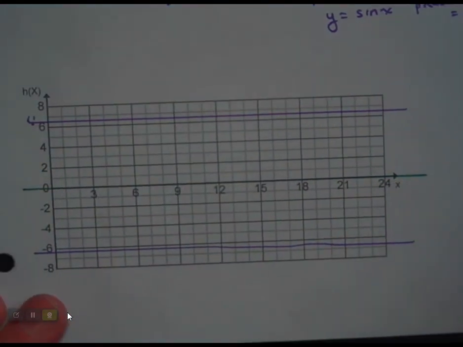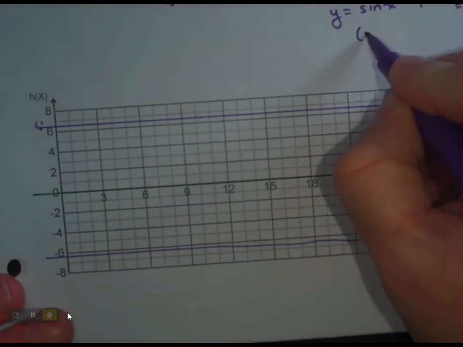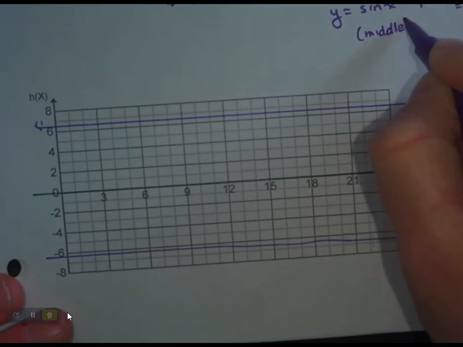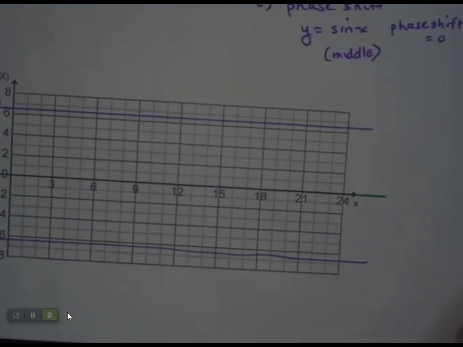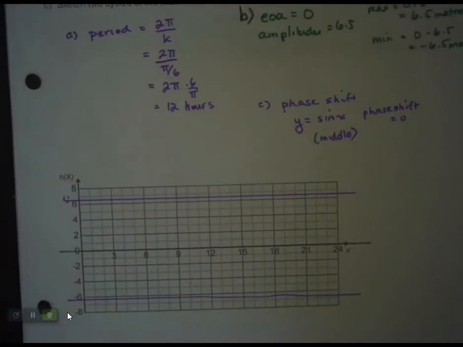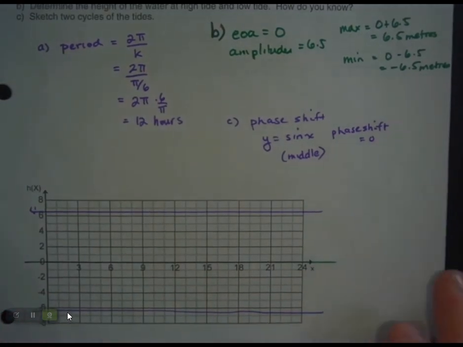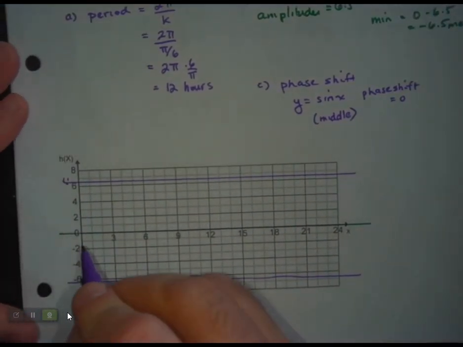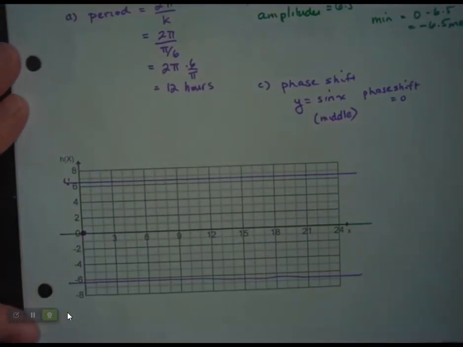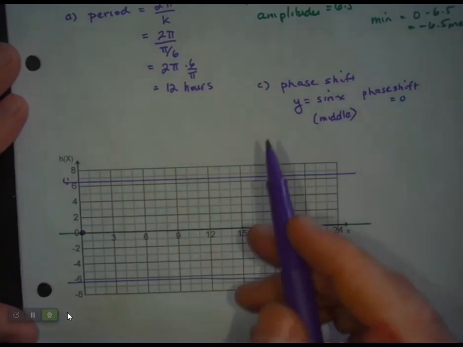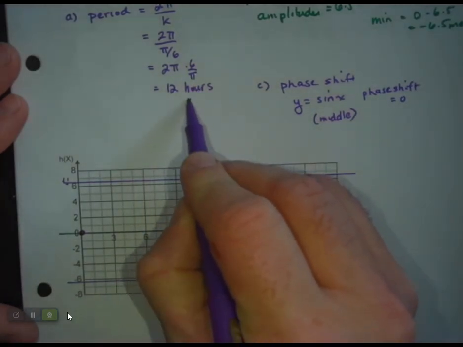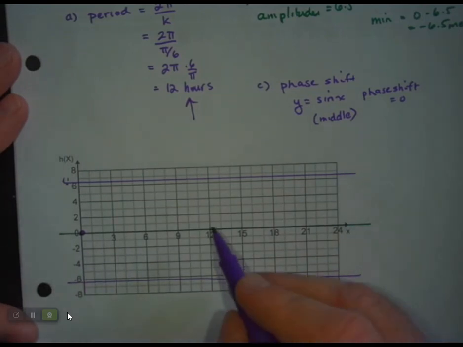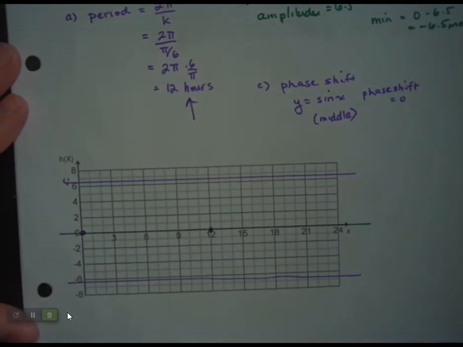We know that the sine curve starts in the middle. Let's zoom out here. So we're going to start at 0 there. We also know that my period is 12 hours, so we know that we're going to end at 12 hours, and then I can figure out how far.